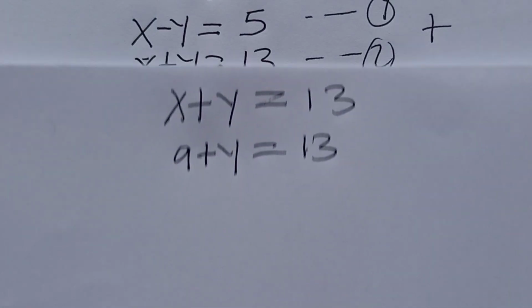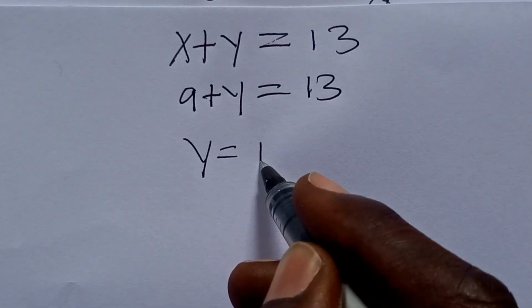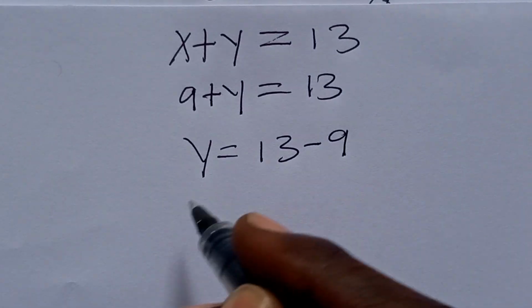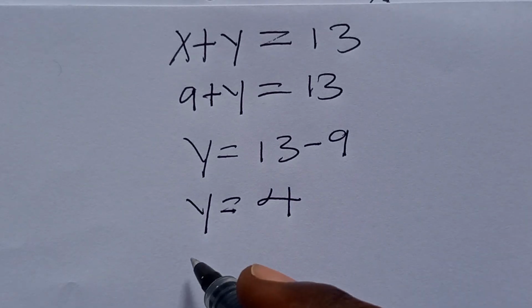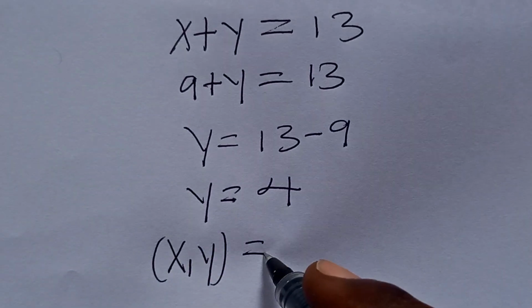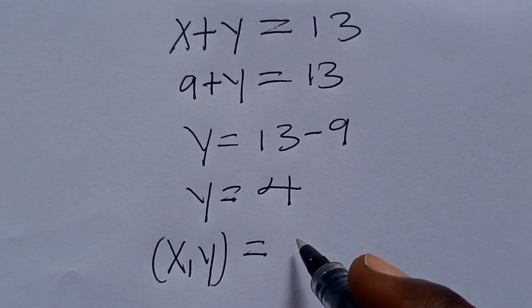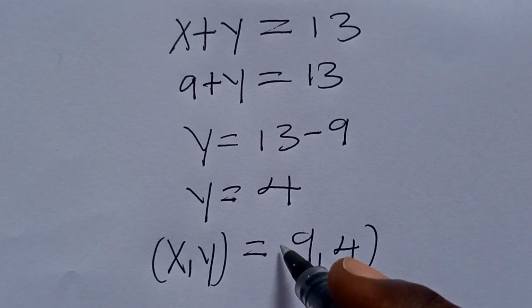So after substituting, our y is 13 minus 9, and y is equal to 4. So which implies for case 2, x comma y is equal to, our x value is 9 and y value is 4.